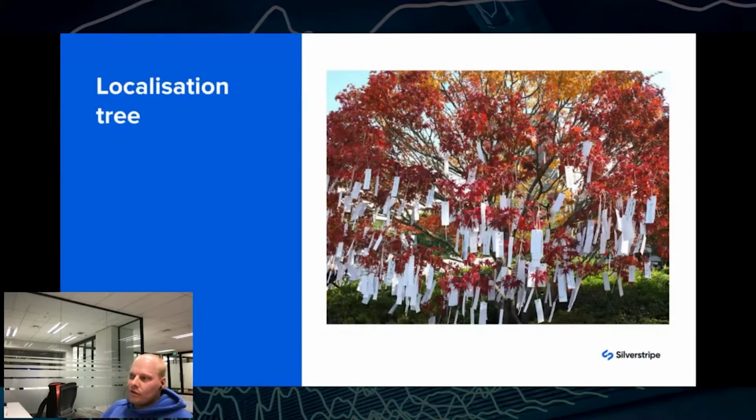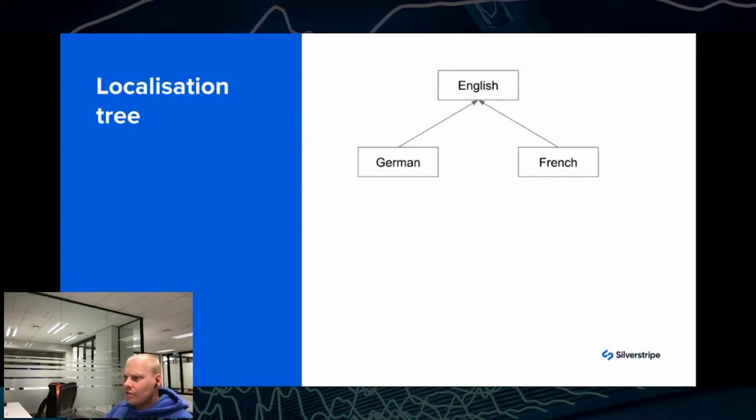First, we need to discuss the concept of localization tree, because it's quite a fundamental block that the Fluent module relies on. Localization tree represents the relationship between locales on your project. You can view this as a tree-like structure, which forms a hierarchy of locales.